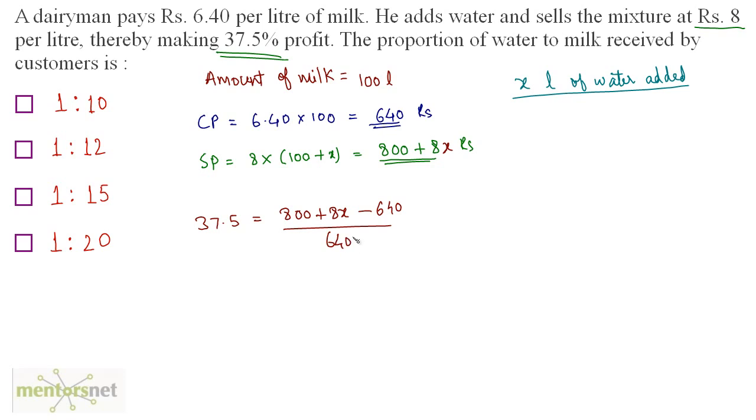So 640 times 100. This is the formula for profit percentage. So this 0 and this 0 get cancelled out. We have 37.5 times 64. So 37.5 times 64 is equal to 8x plus 800 minus 640, which is 160.